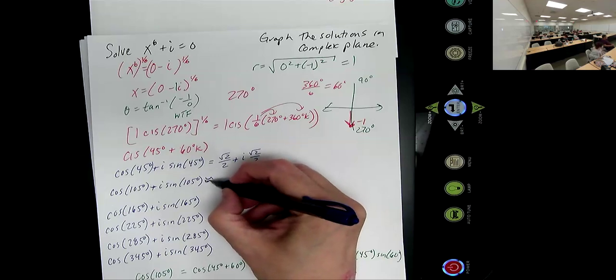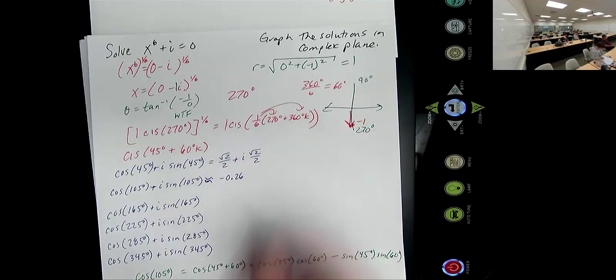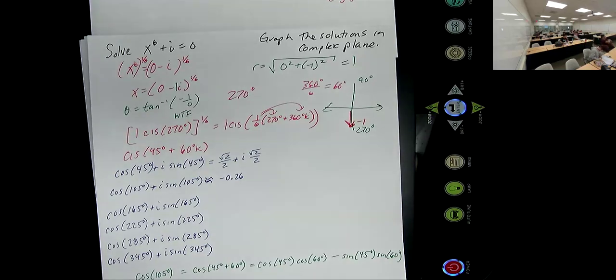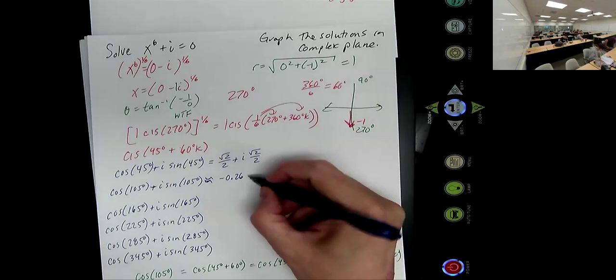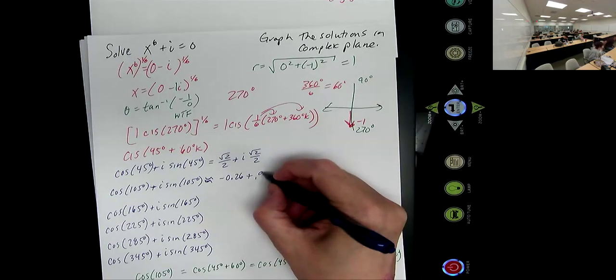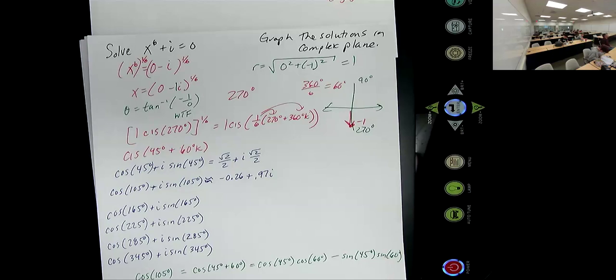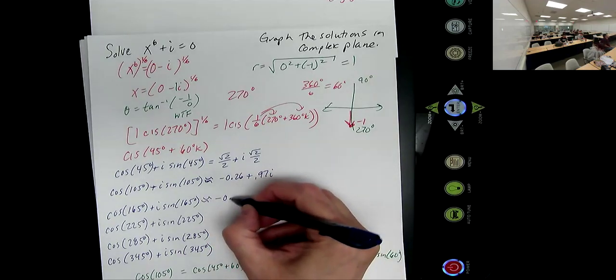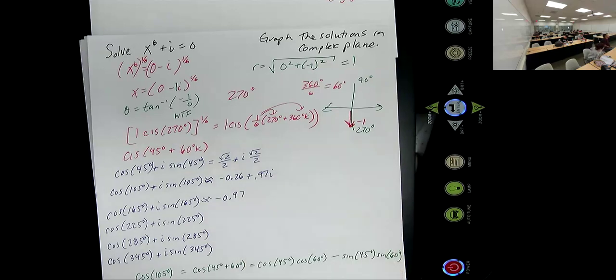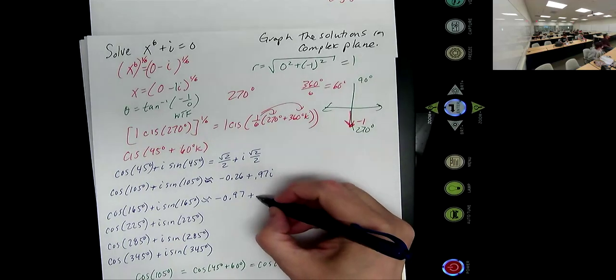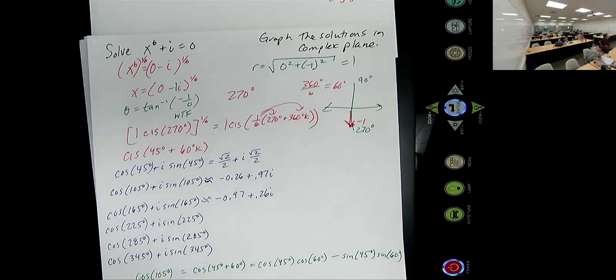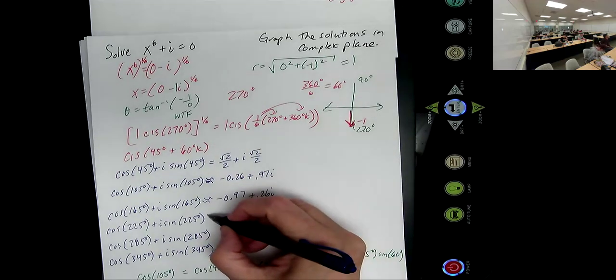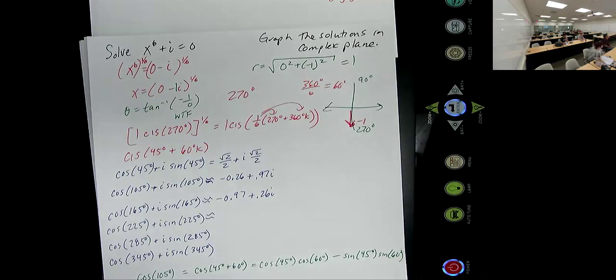Well, I'm rounding it, so we're going to say approximately negative 0.26. And sine of 105. Plus 0.97 i. 0.97. Plus 0.26, interesting. They swapped. That one I don't need a calculator for, what's this one?